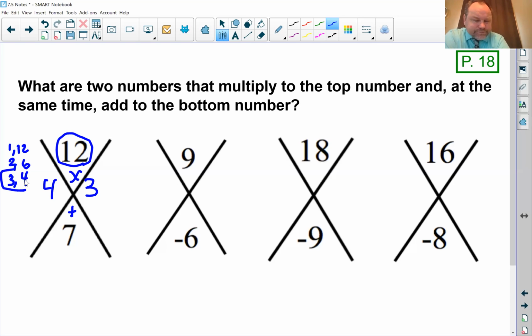All right, two numbers that multiply to 9 and add to -6. So here the negative is kind of the big deal. So we have to multiply to a positive value and add to a negative value. So that means both of our numbers have to be negative.